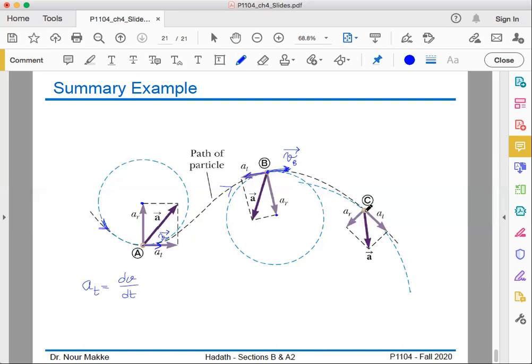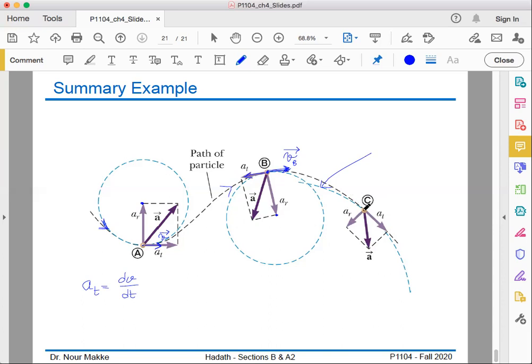And at the point C, we apply exactly the same reasoning. We first draw this curve, and we think that this part of the motion is an arc of a bigger circle, the circle to which the particle at C belongs. As you can see, it has a very big radius of curvature.